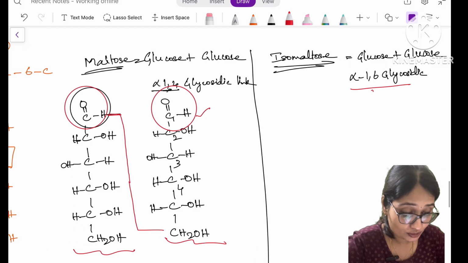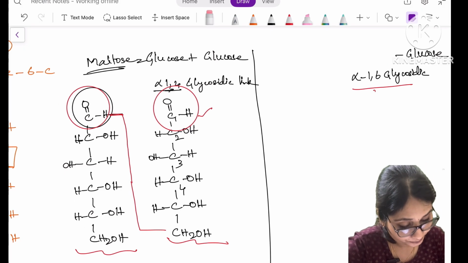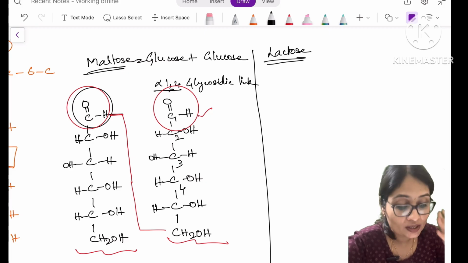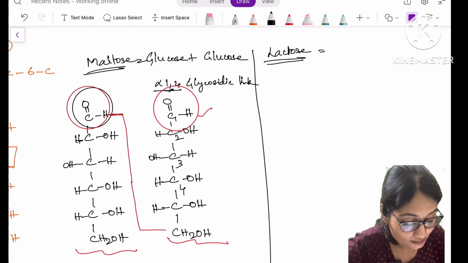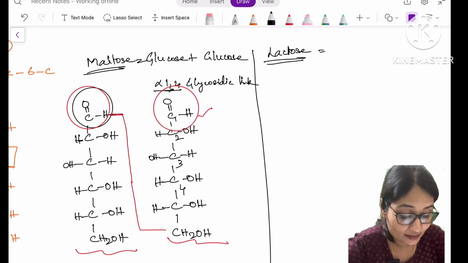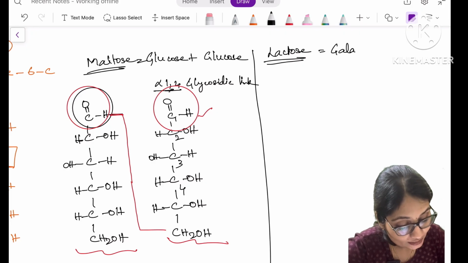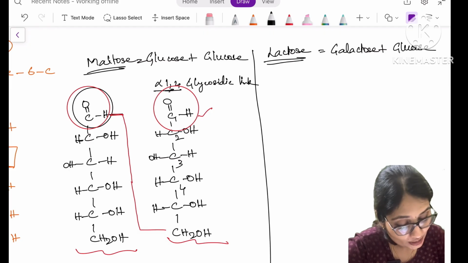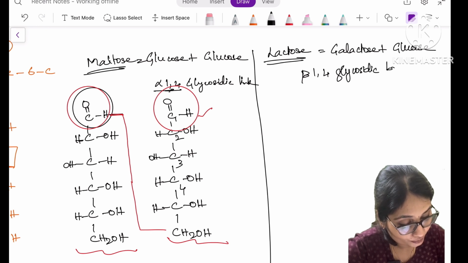Now let's look at the next thing, which is lactose. Lactose is a disaccharide, a combination of galactose plus glucose, and the bond involved is beta 1,4 glycosidic bond.